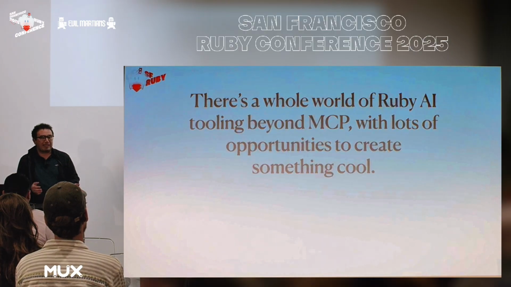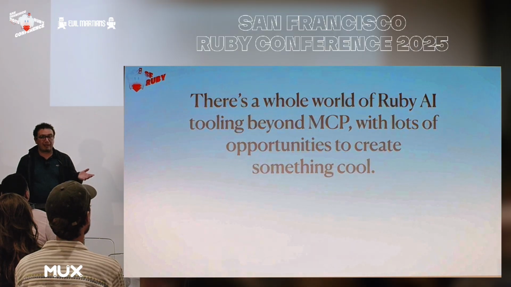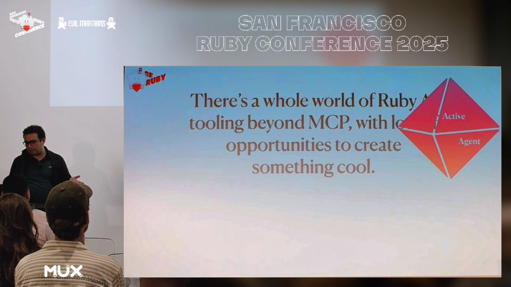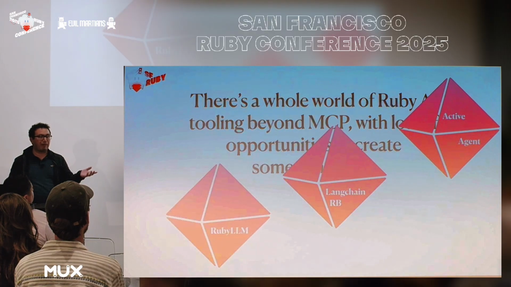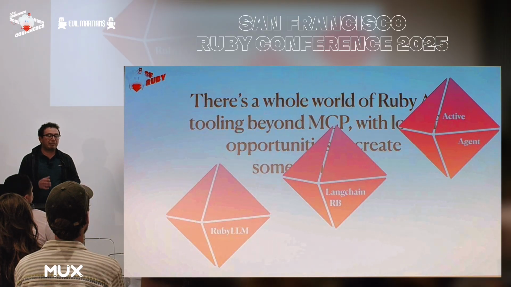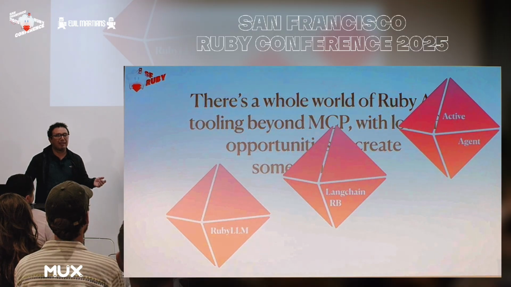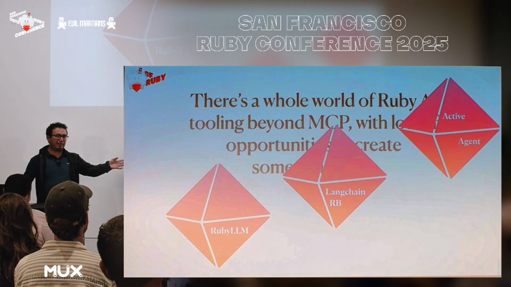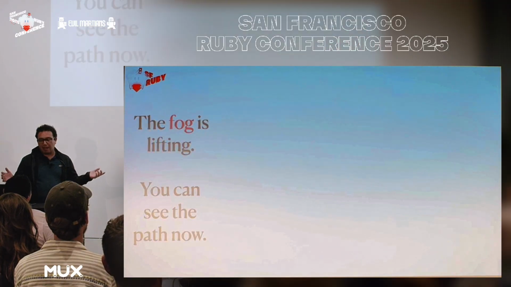And we honestly are not sure where things are going, but we are getting more and more tools. For example, we have ActiveAgent now, we have LangChain.rb, and we have RubyLLM. And these are just parts of the same puzzle, parts of the same steps that we're taking towards clearing our fog.